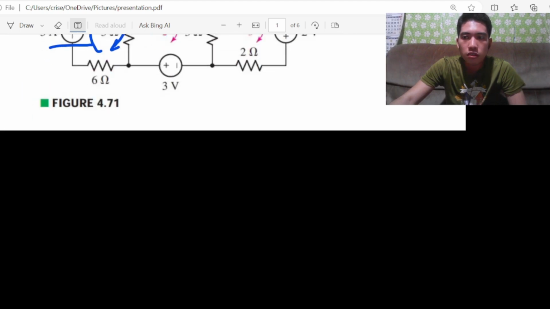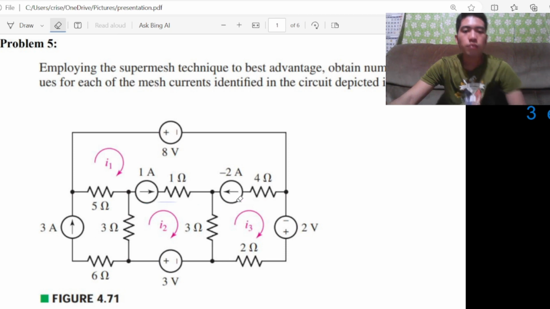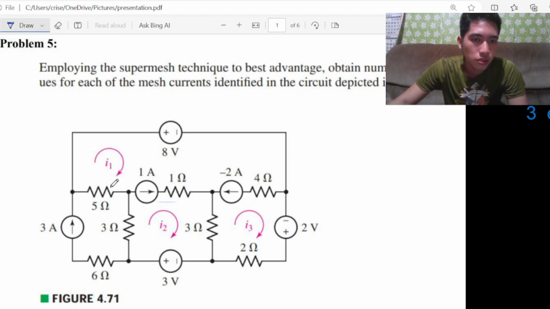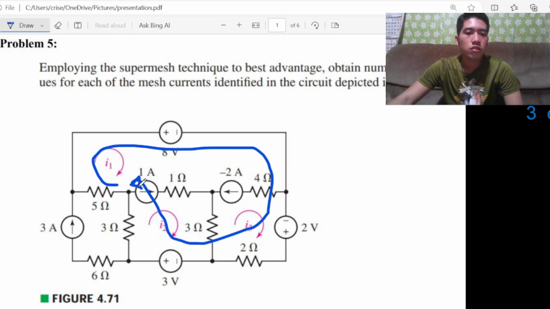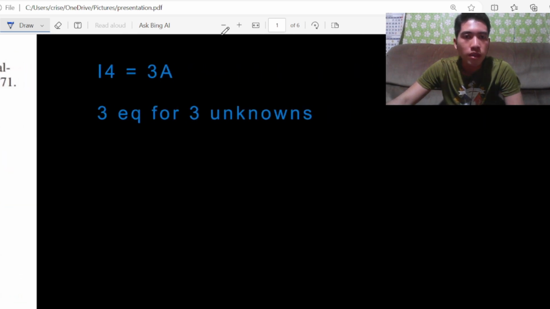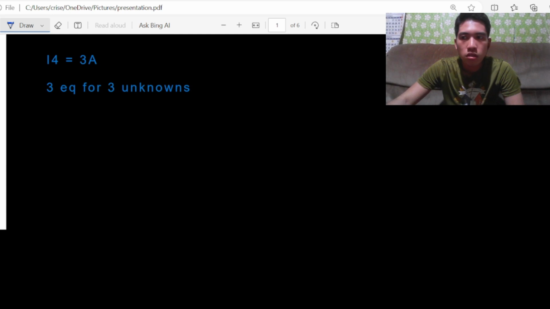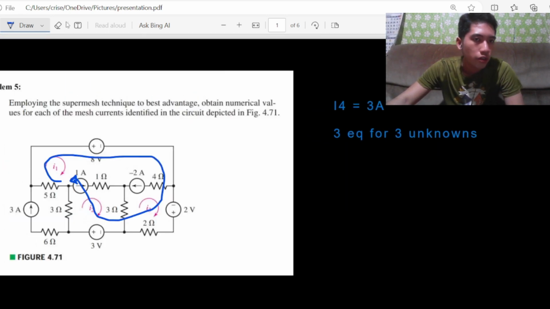After that, we put the values for the KVL equation surrounding this loop. To do that, you must apply the mesh technique. To apply the mesh technique, we must first identify our loop.